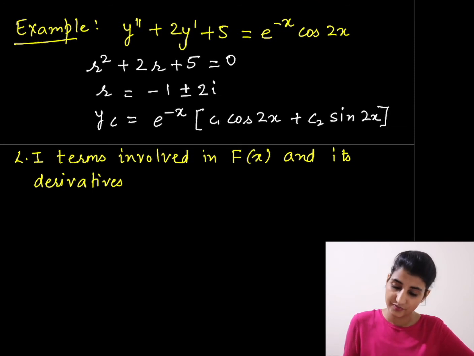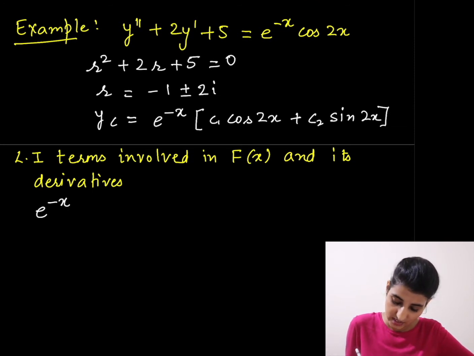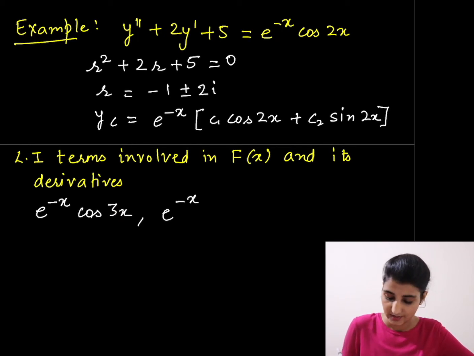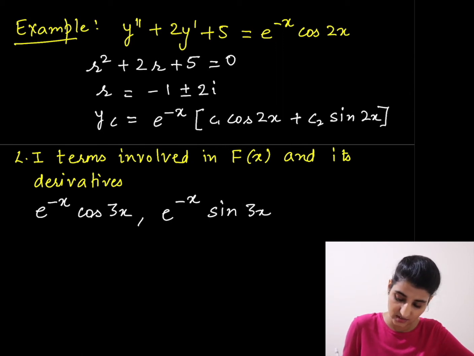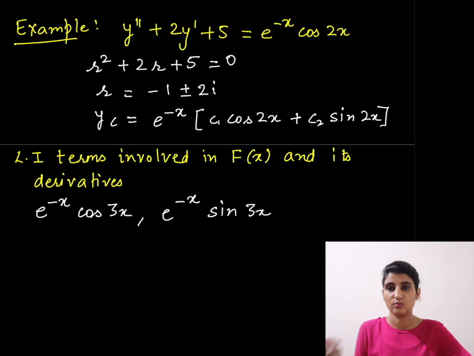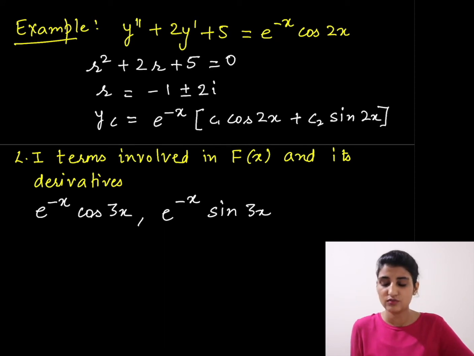So the first term is e power -x cosine 3x. Next term can be e power -x sine 3x, and if you take the derivatives again and again, you will get the same terms.